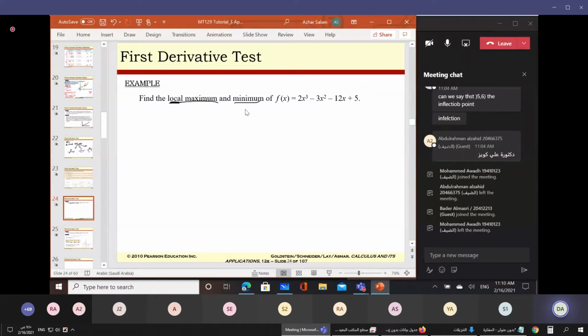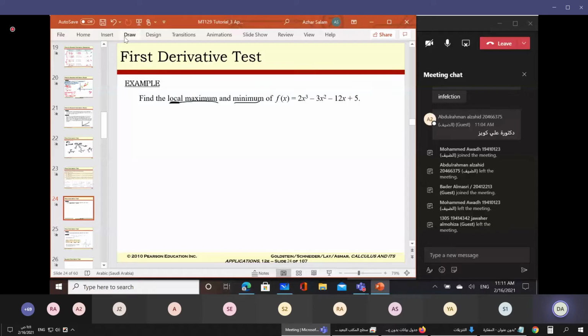But if the question asks for the absolute, I should choose the maximum value, the largest value the function takes. But if I say local or relative, it will be the same procedure: find the derivative and test the sign.